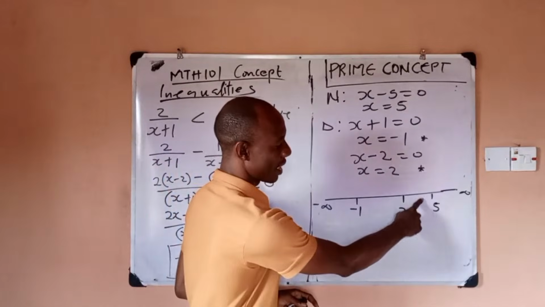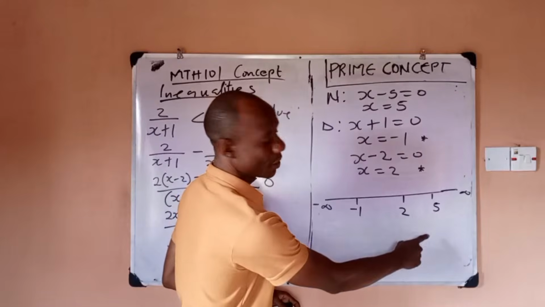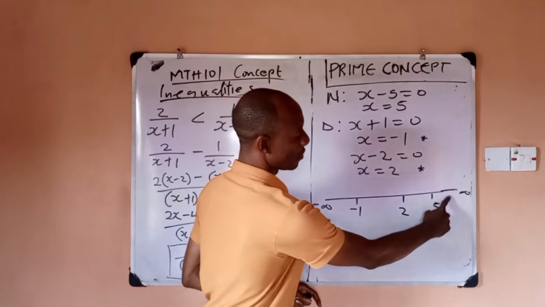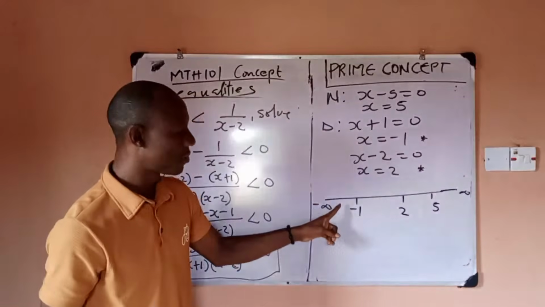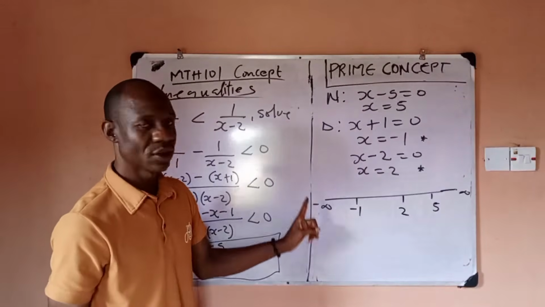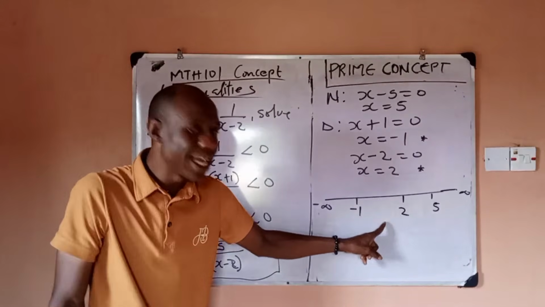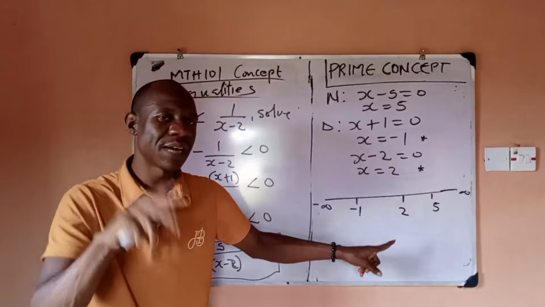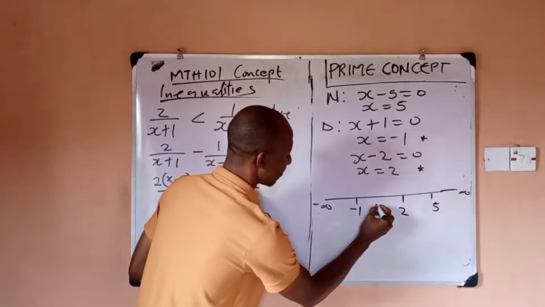If you come to this interval, what is the simplest number you find? You find 3. You find 4. If you come here, you find 6, 7, 8, 9, and so on. If you come here, you find minus 2, minus 3, and so on. But I want to use this one because it is easiest. Always use the interval where you have 0. It's easy. So I am working with this interval.